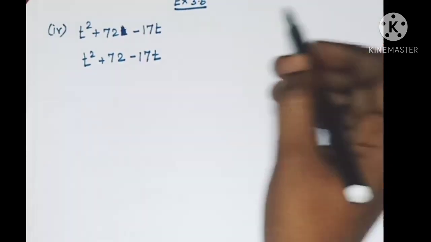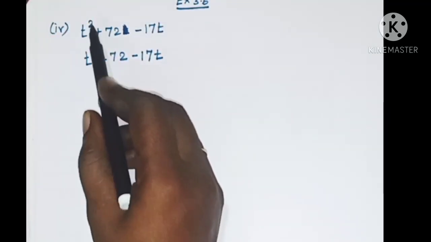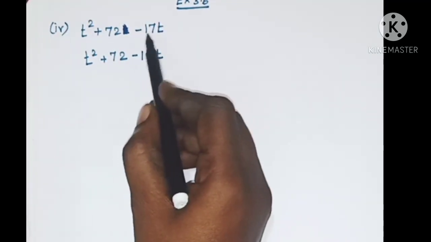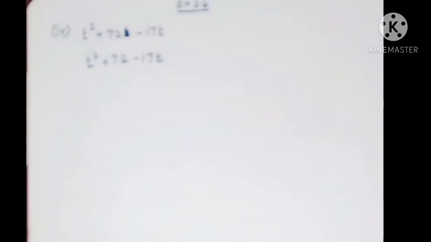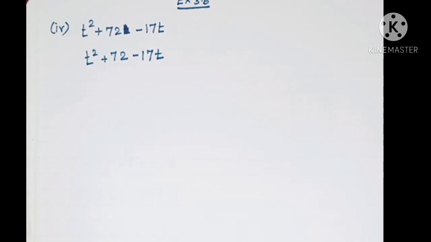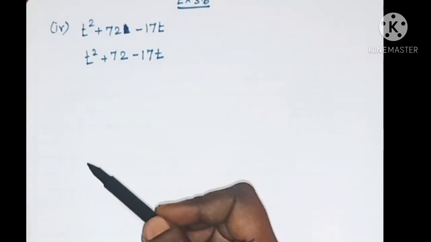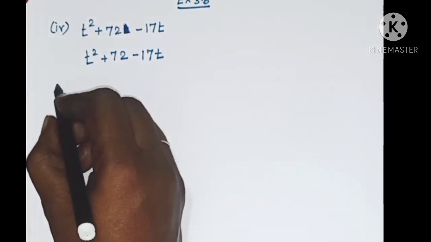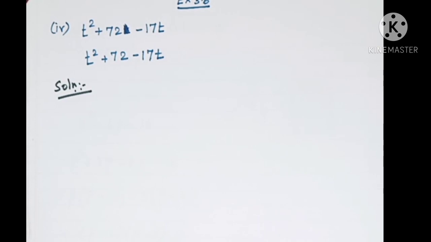Exercise 3.6, first sum, fourth subdivision. t square plus 72 minus 17t. We have to factorize this expression, but this algebraic expression is not in the standard form. So first we should write this algebraic expression in standard form.